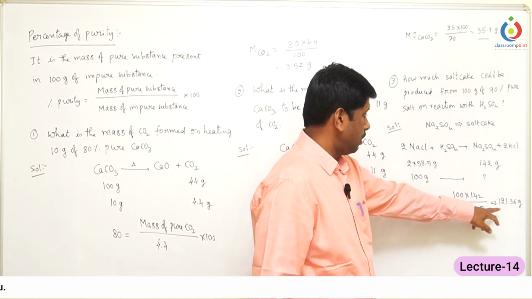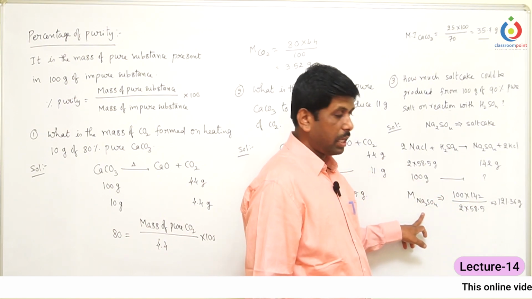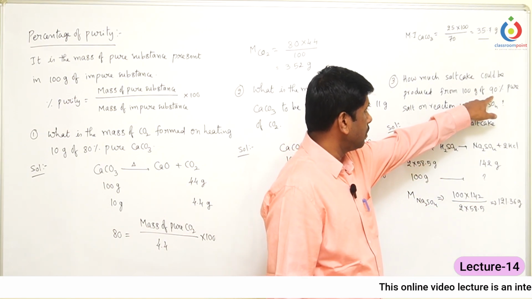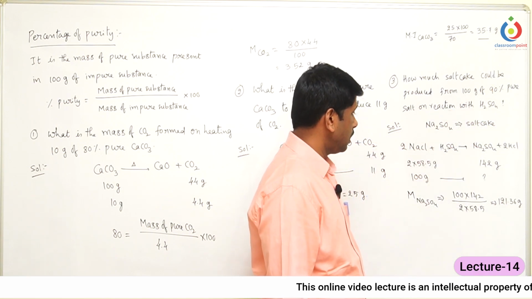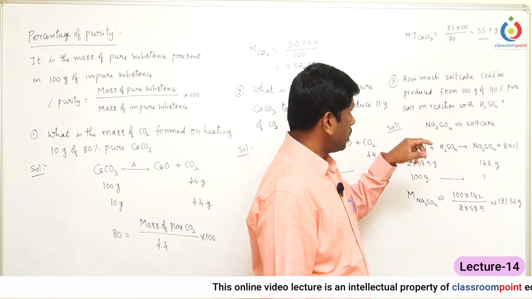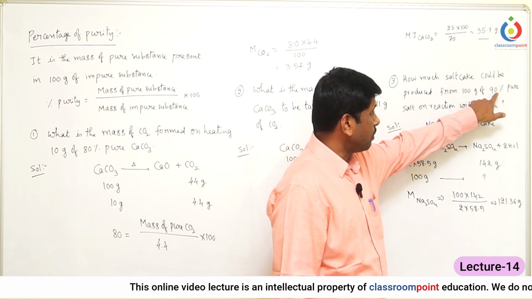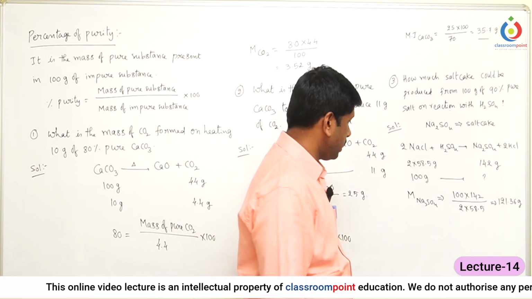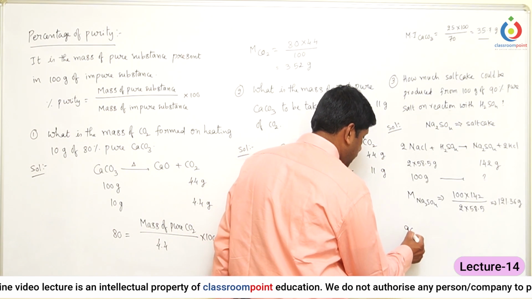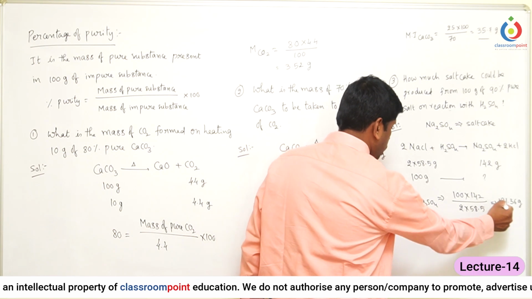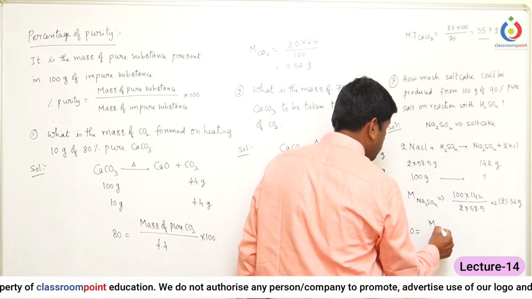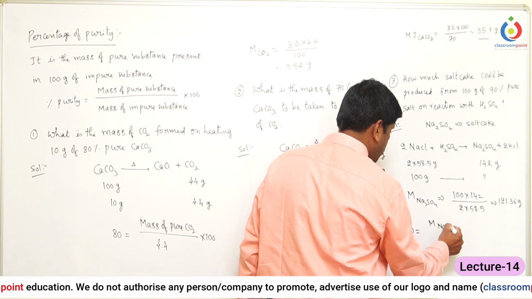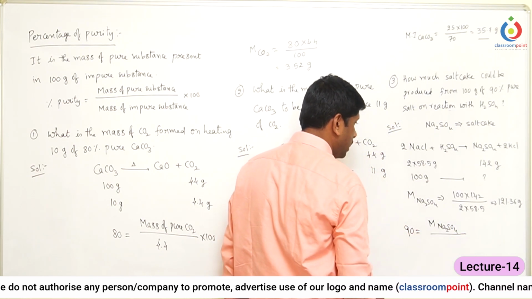So this is the mass of salt cake coming from the impure salt. We want 100 grams of salt, but actually 90% is pure salt, so how much has to be calculated? The mass of the salt cake produced from the pure salt has to be calculated.